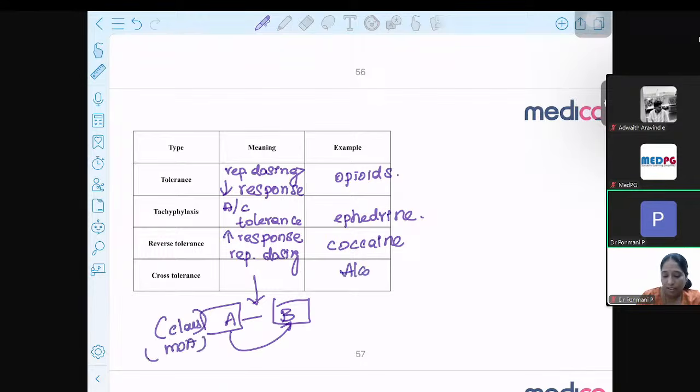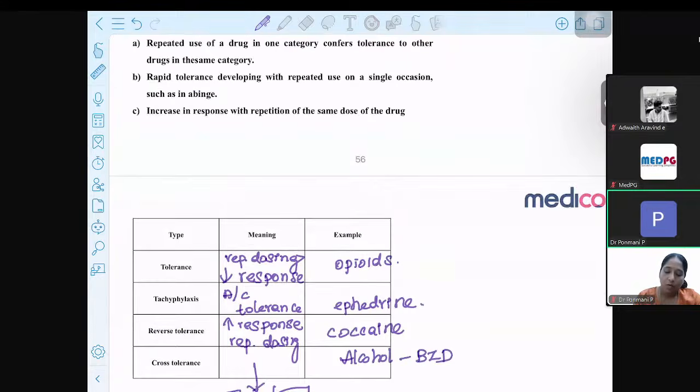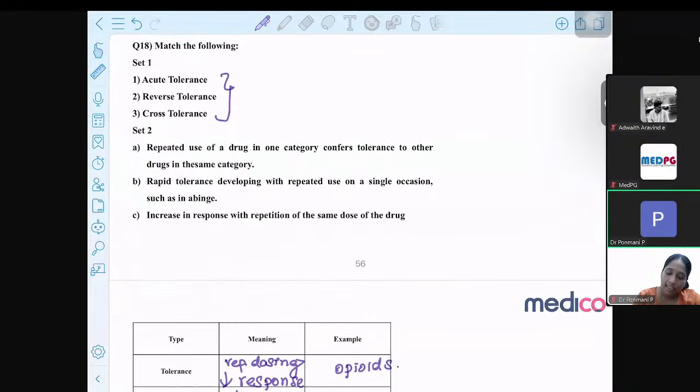An example is alcohol and benzodiazepines. So now let us see. Repeated use of a drug in one category confers tolerance to the drugs in the same category. This is cross tolerance.